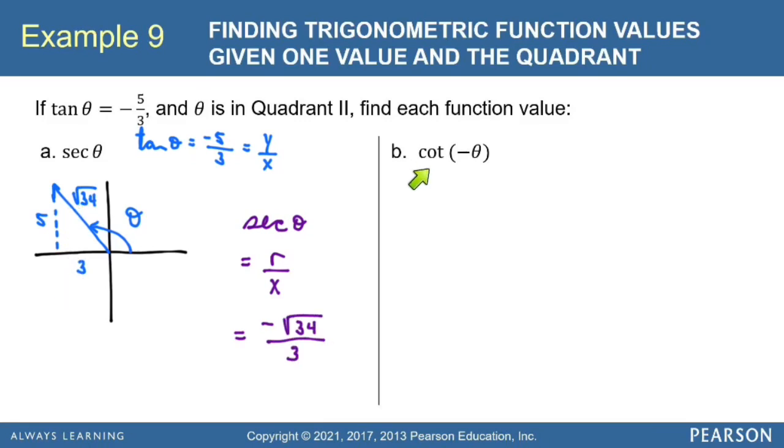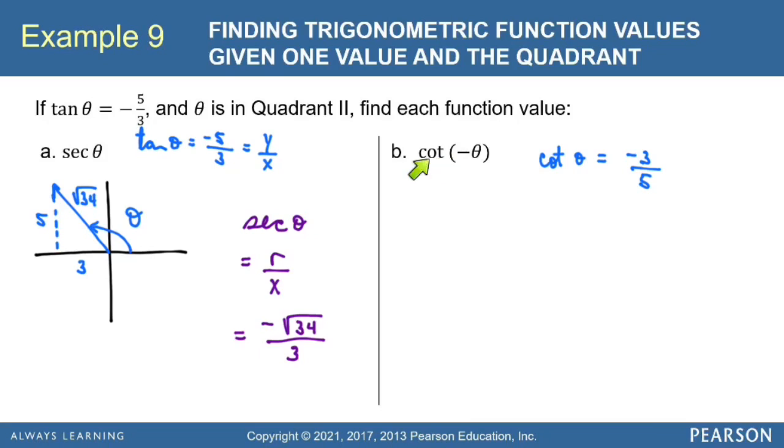Now for part B, they've asked us to find the cotangent of negative theta. Now they gave us the tangent of positive theta in the problem, so it's easy for us to use this value to get the cotangent of positive theta. We know that the cotangent of positive theta would be negative 3 over 5. But now to get the cotangent of negative theta, we need to remember the negative angle identity.